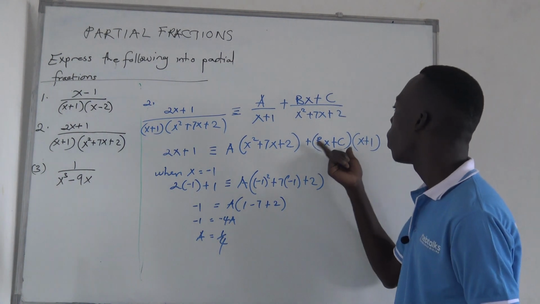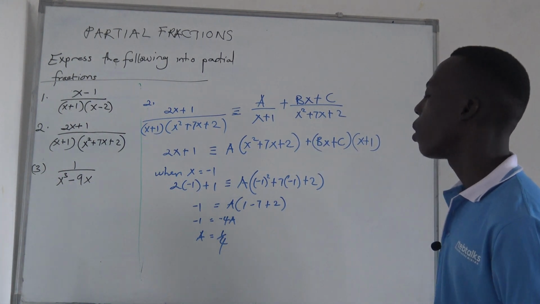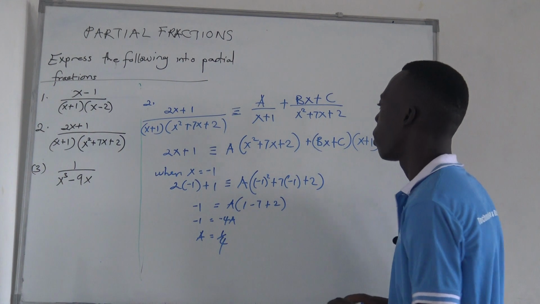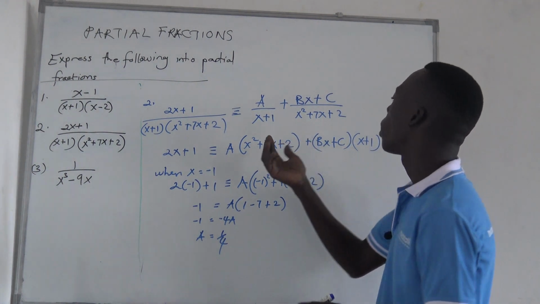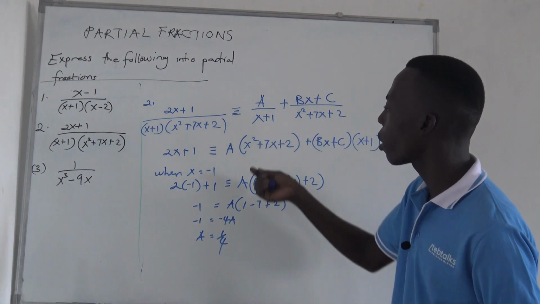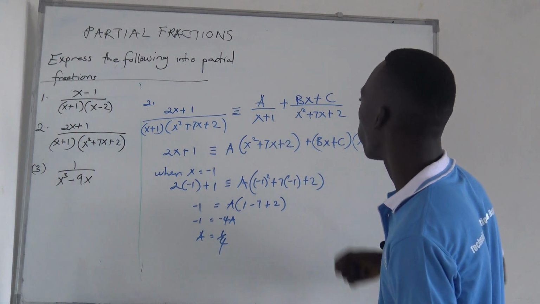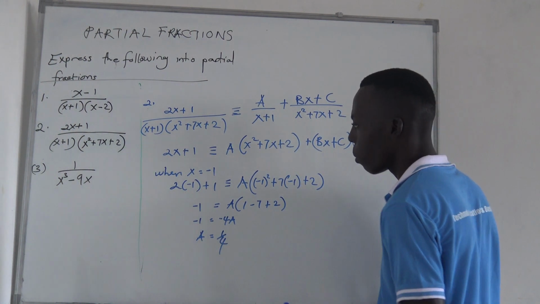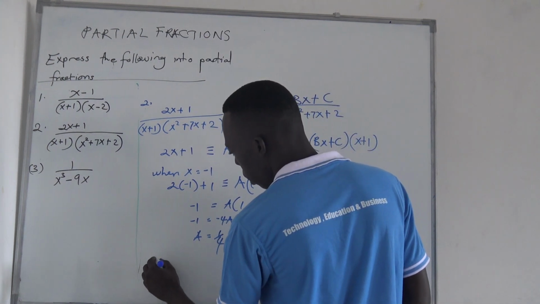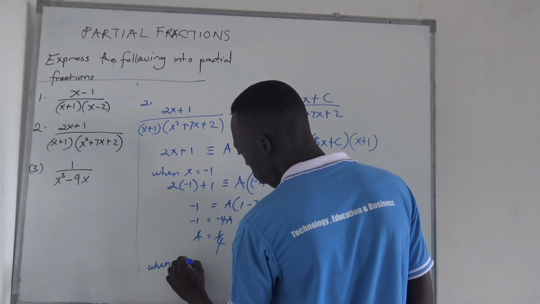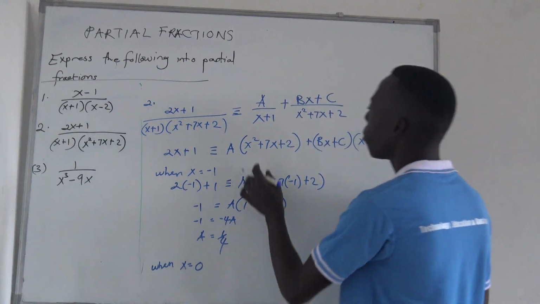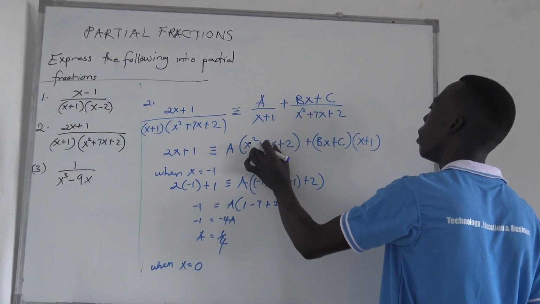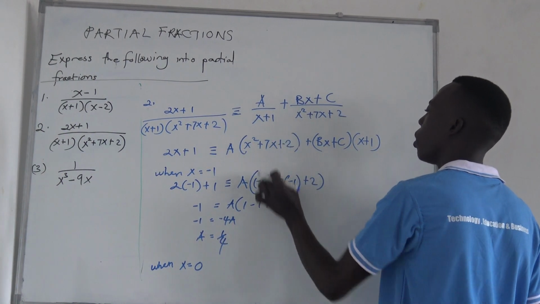Also, c. We must look for that value that when I substitute in this one, I get a 0. But for this case, when substituting this one, you may not get any value which you can give as 0. I'm going to say when x equals 0, so that when I put here x, this one will be 0, even this one 0, I remain with only this.